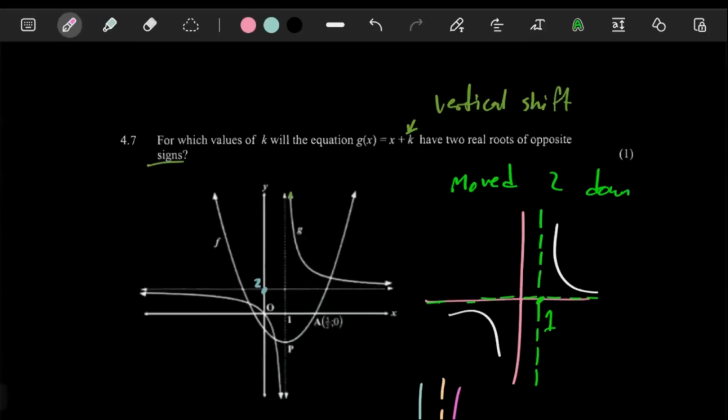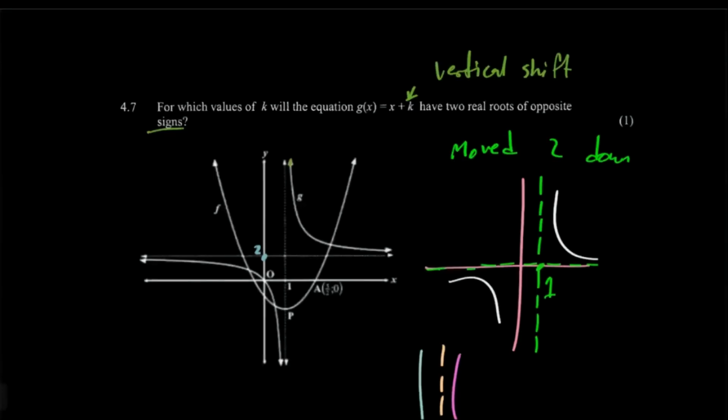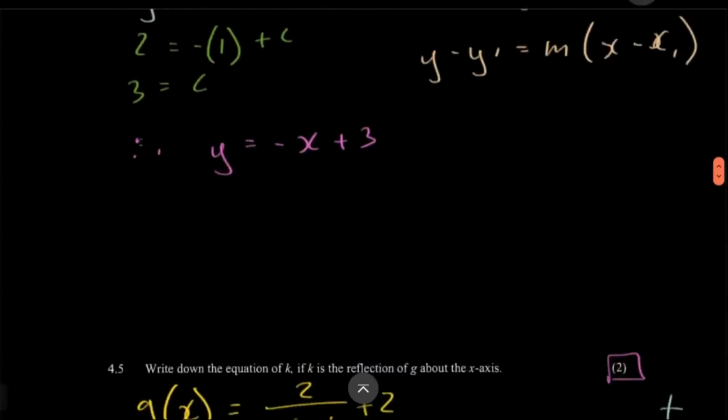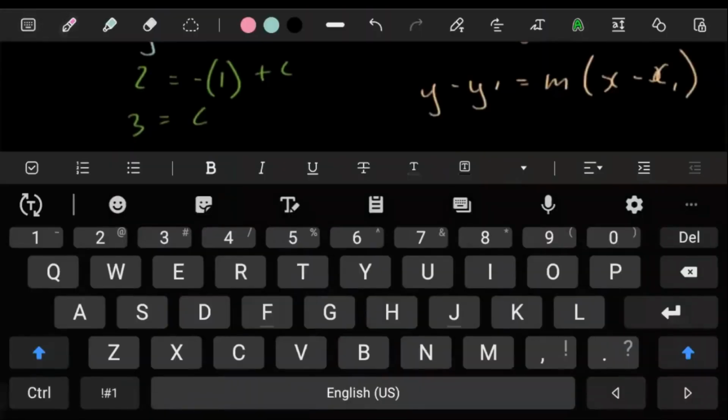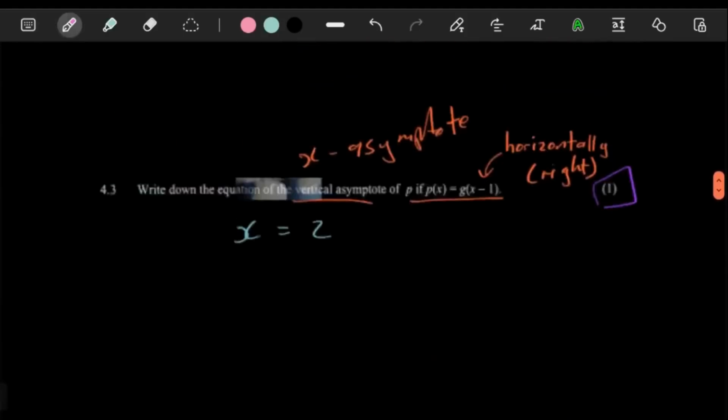The reason it's kind of shady is that for a hyperbola, two roots of opposite signs doesn't make sense, because a hyperbola cannot necessarily have two x-intercepts.